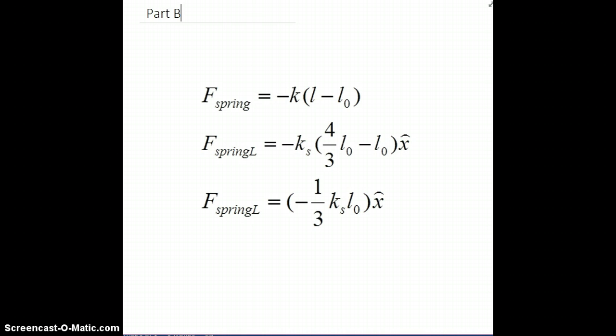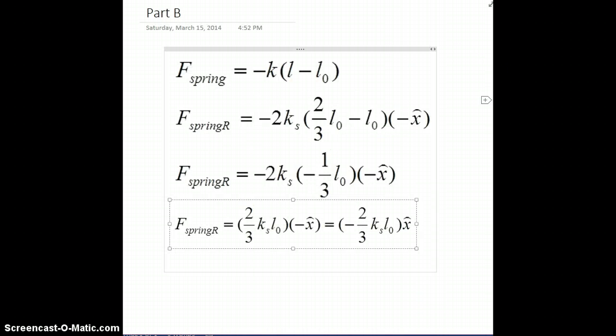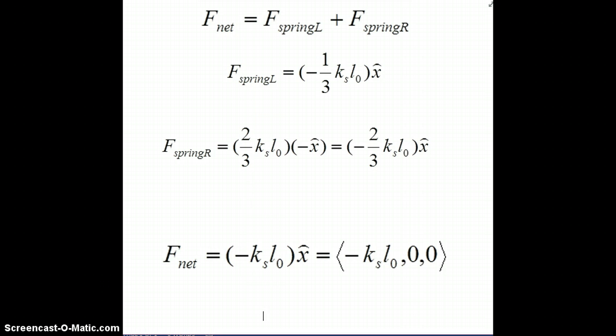Next, I calculated the force of the right spring using the same original equation and plugging in the appropriate values. This equation then read the right spring force equals negative 2Ks times 2/3 L0 minus L0 in the negative x direction. After simplifying, I found the force of the right spring to equal 2/3 Ks L0 in the negative x direction. I then added these two forces together to find the total net force.